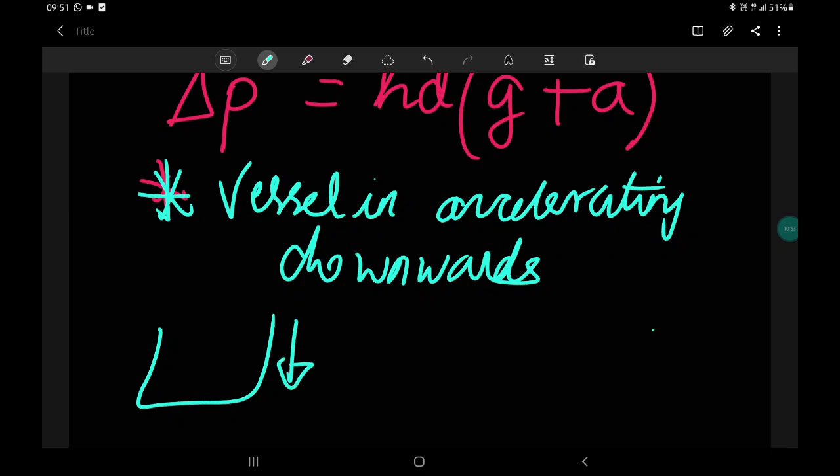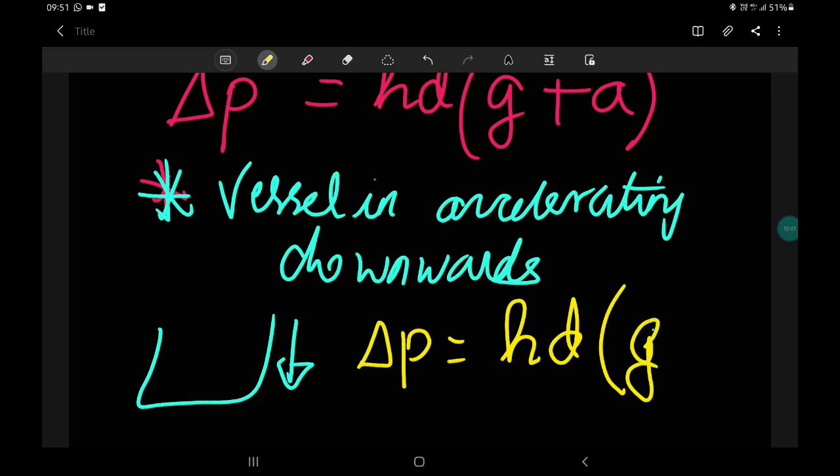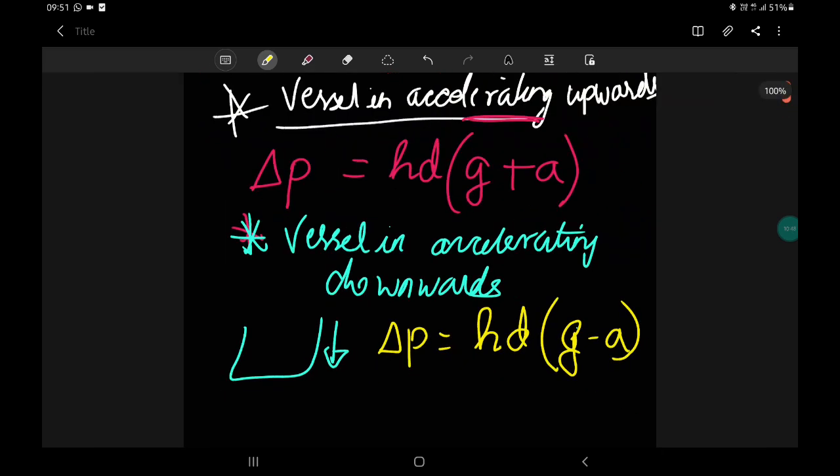What will the pressure difference be? Then you should remember delta P is equal to the height difference into density into g minus a. Easy, understood? Whenever it is accelerating downwards, put g minus a; accelerating upwards, g plus a.